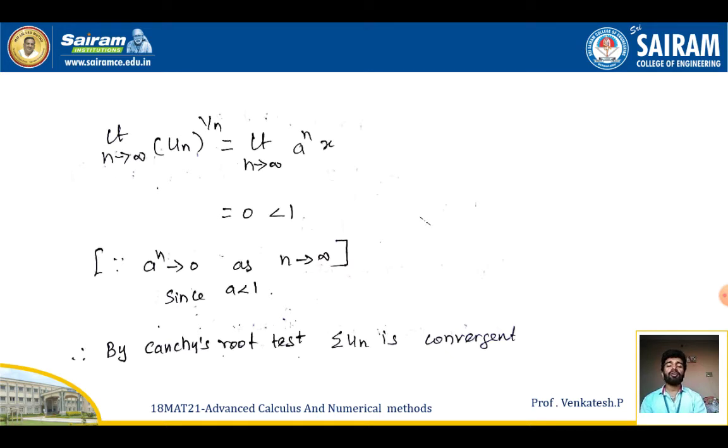Since the value of a is less than 1, a power infinity is obviously 0. So I got the value 0, and 0 is less than 1. So we can conclude that by Cauchy's root test summation un is convergent, since, as I already told, in Cauchy's root test if that finite quantity is less than 1, we can take it as a convergent series.